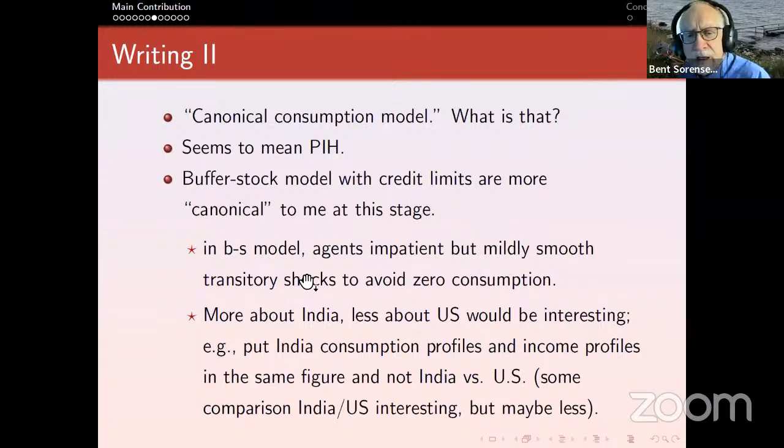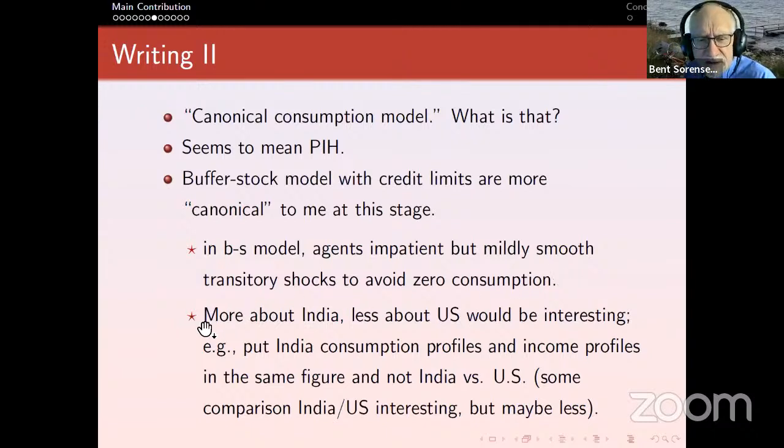So in the buffer stock model, agents are impatient, but smooth transitory shocks in order to avoid running out of income and having zero consumption. So that model seems to possibly fit the data.